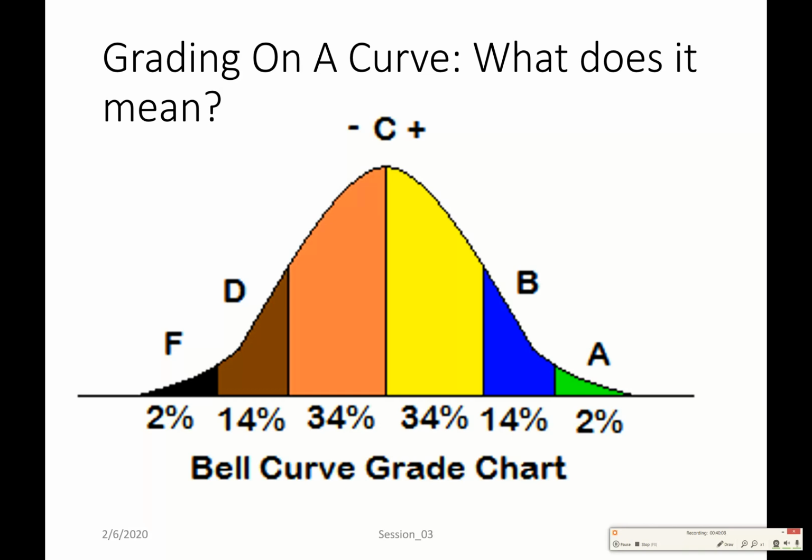Before you vote, I want you to make an informed decision. If I were to grade you on the curve, that means a certain number of students in this class will get A's, a certain number will get B's, C plus, C minus, and D, okay?